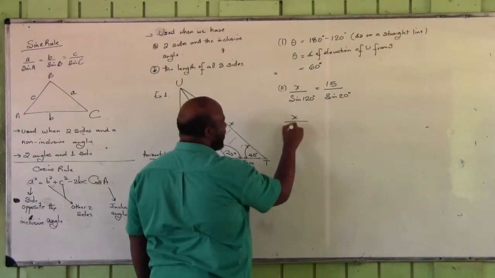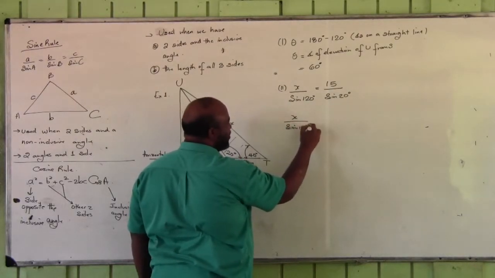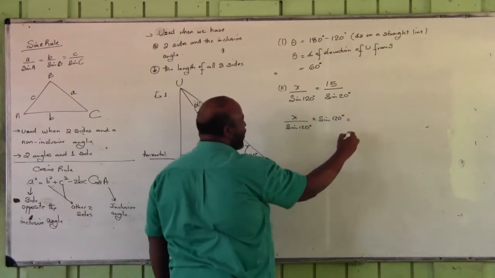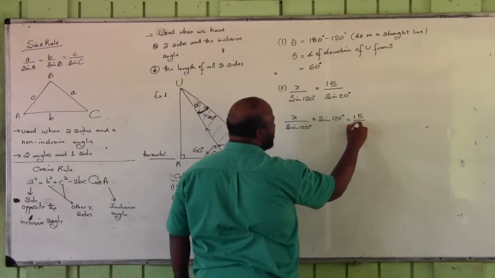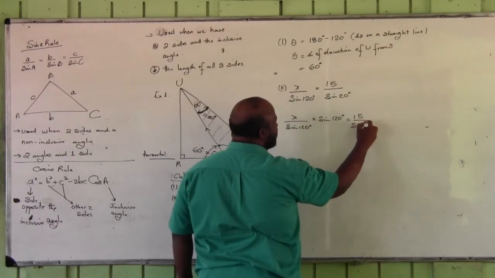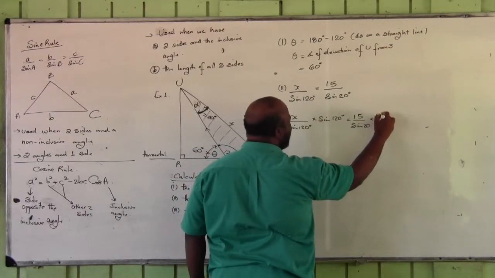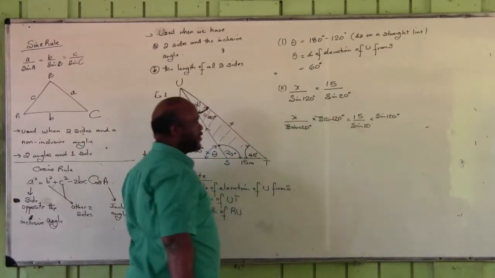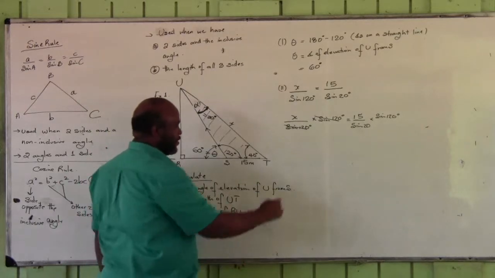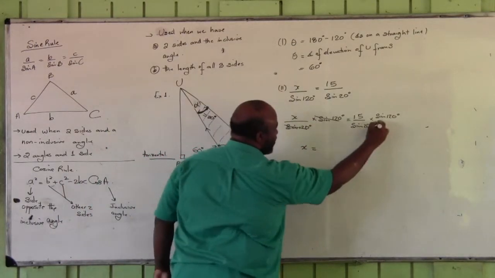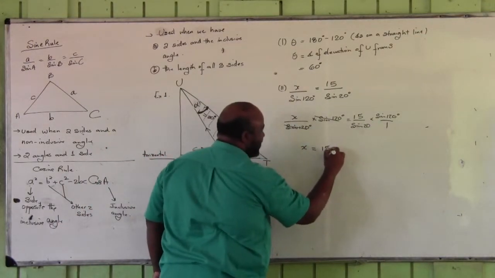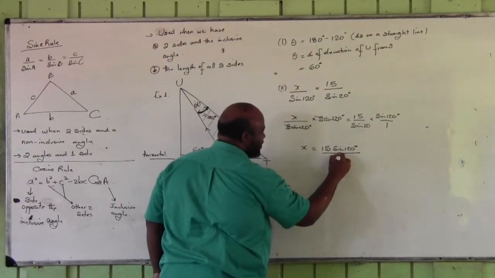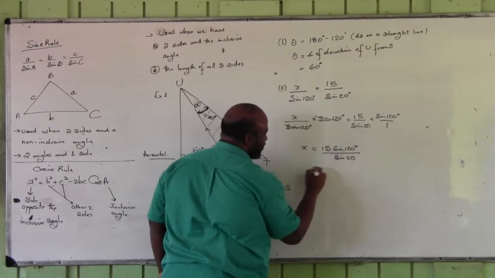x over sine 120 times sine 120 is equal to 15 over sine 20 multiplied by the sine of 120. This cancels this, leaving x equal to 15 sine 120 all over sine 20 degrees.